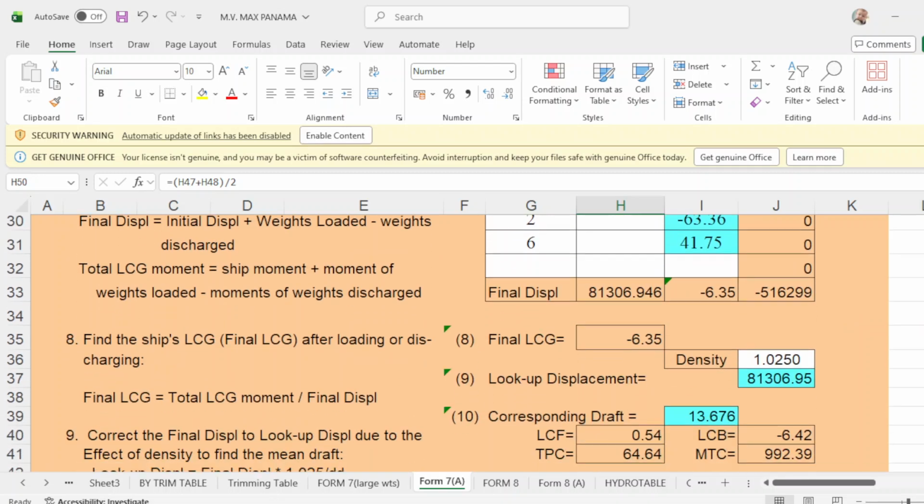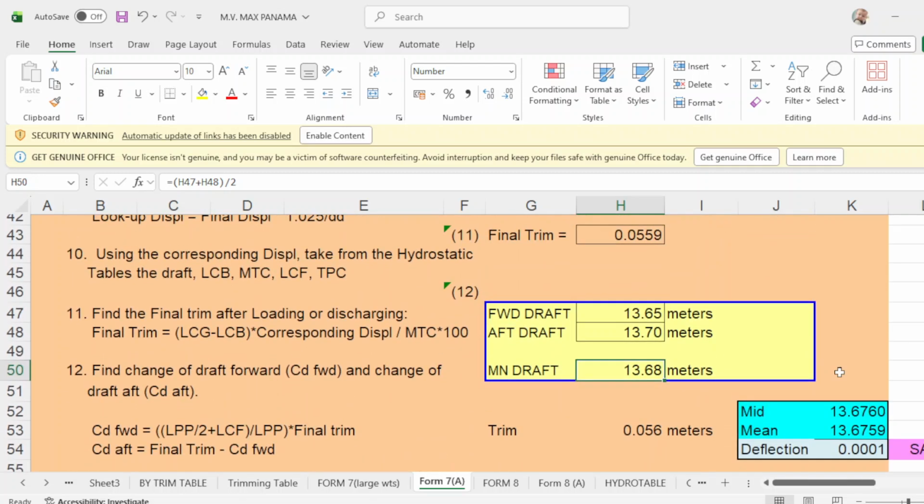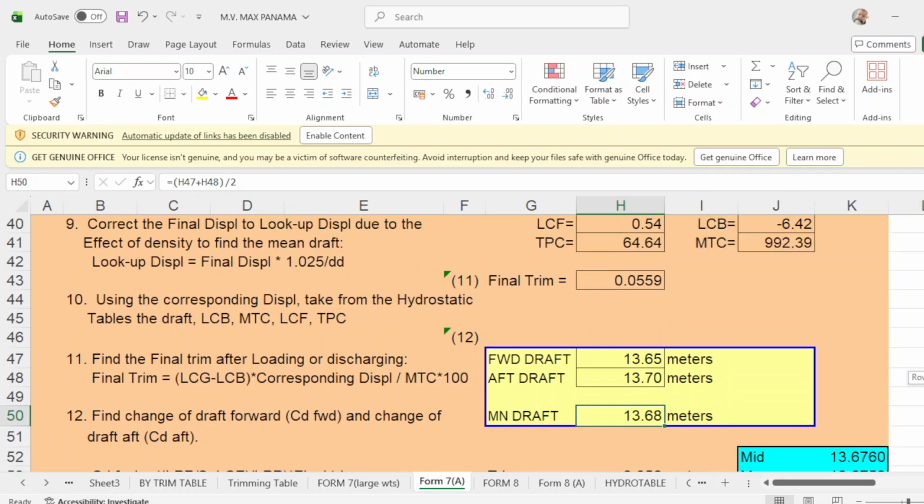All you have to do is put the density of the seawater outside the berth. Then it will give you the forward drop and aft drop and main drop and your trim. So it's that simple.